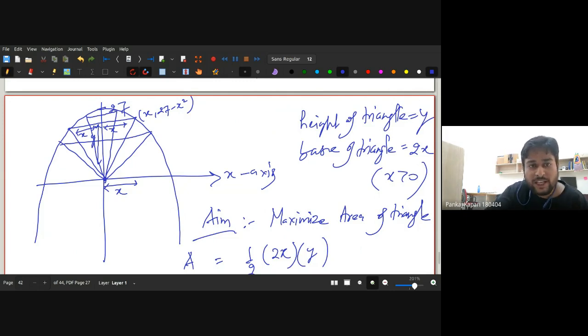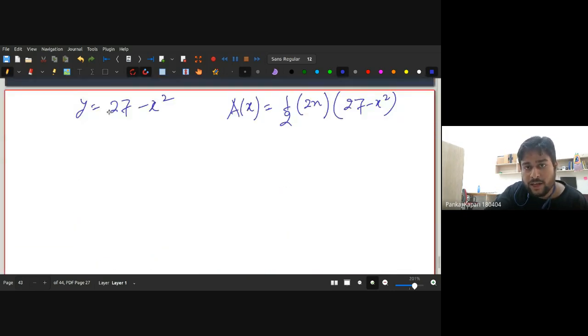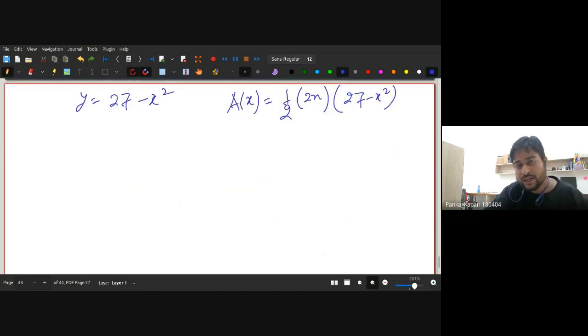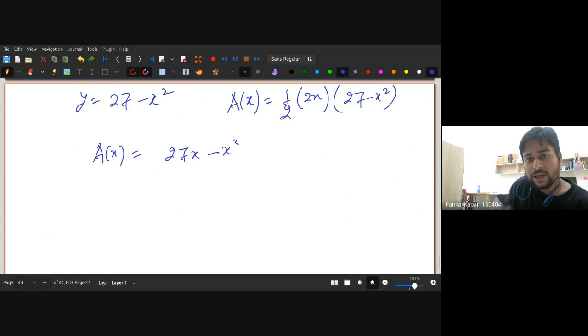We don't know, so we have to find such a value of x, the extreme value, so that at that point the function attains its maxima. So let's write finally our function. You can see that these two will cancel, so our function is 27x minus x cube.